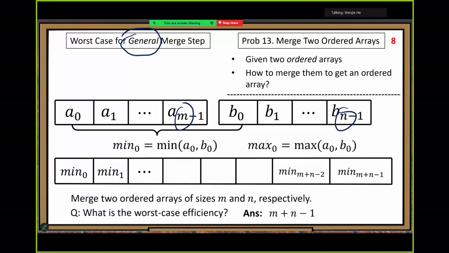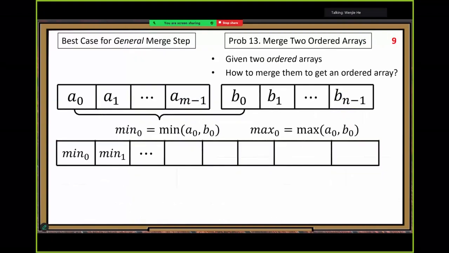Then, best case. We also need to consider the best case. Now, the best case, let's only do the general best case. After we get a general best case, we can easily get a special best case.